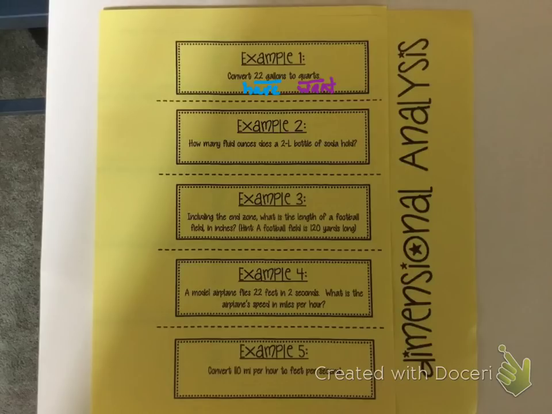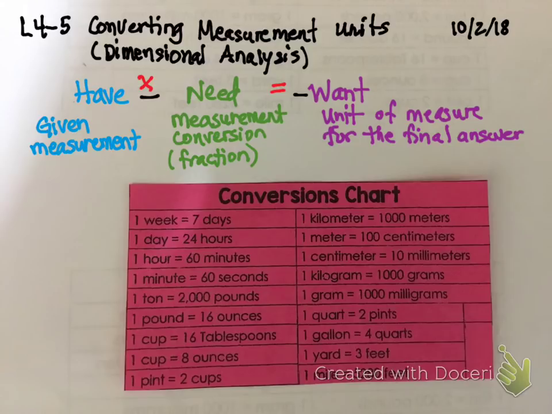So our job is to try to figure out, how can I convert gallons to quarts? So I'm going to go back one page and look at my chart, and see if I can see gallons and quarts. And if you notice, right here, it says that 1 gallon is the same as 4 quarts. So right there, I found what I need to take what I have and give me what I want.